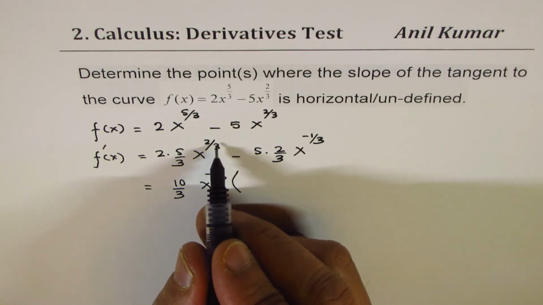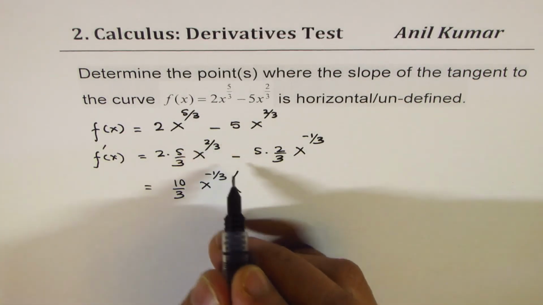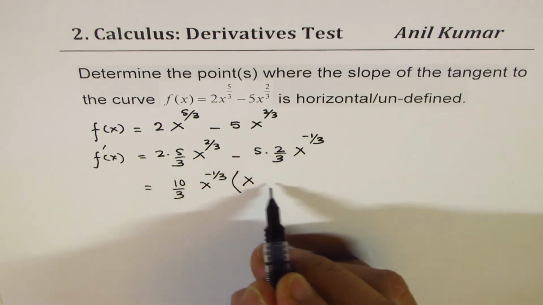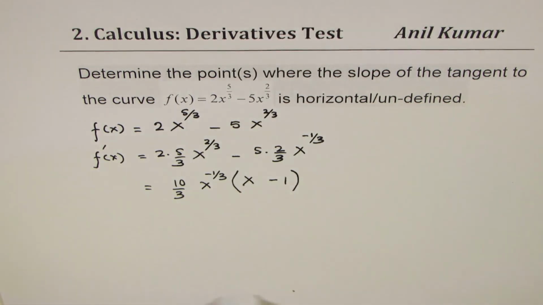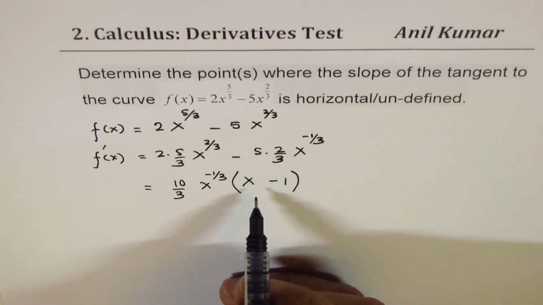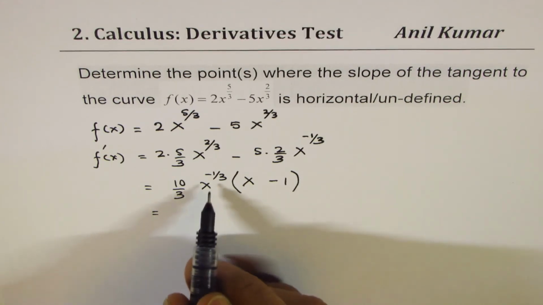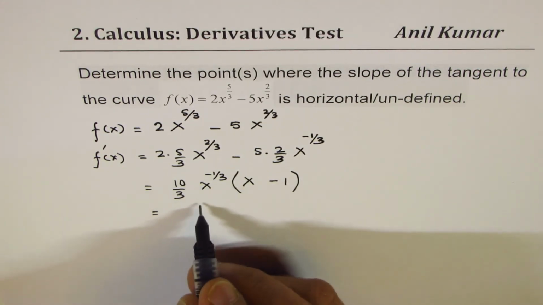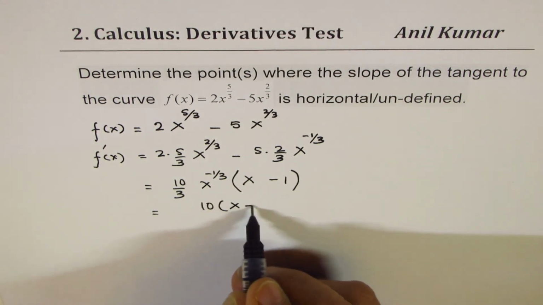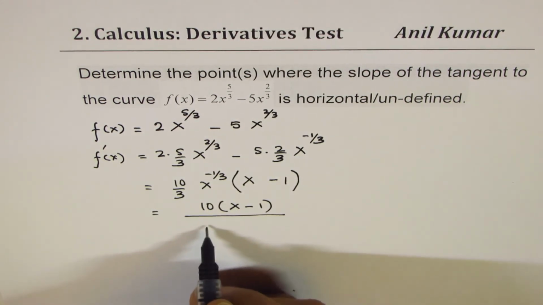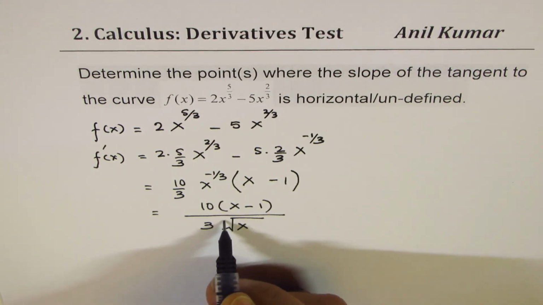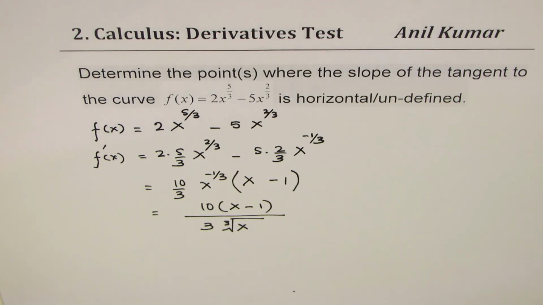We get x minus 1 here. Because the exponent is negative, I'll take it in the denominator. So let me rewrite this as 10 times x minus 1 divided by 3 times cube root of x. Correct? So that becomes the derivative for the function.